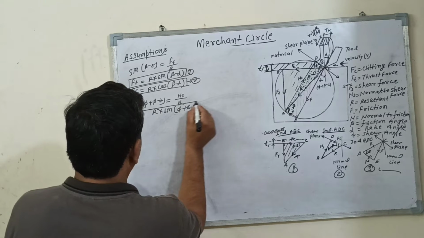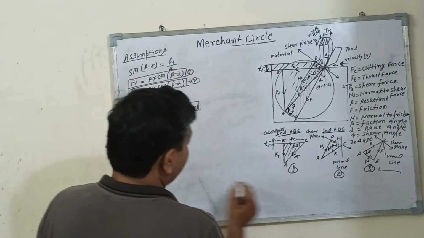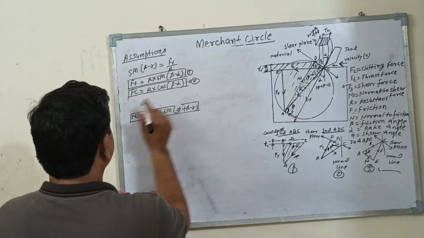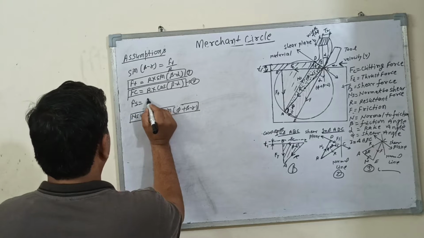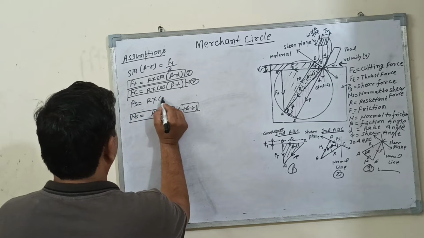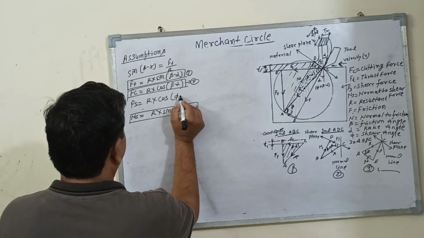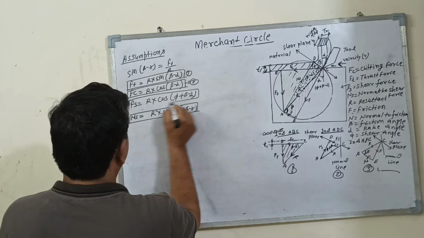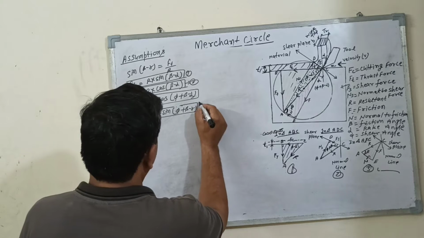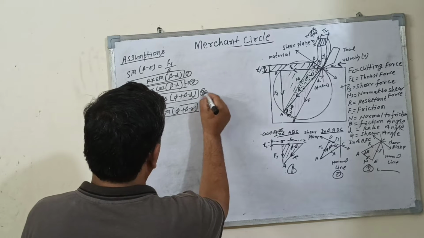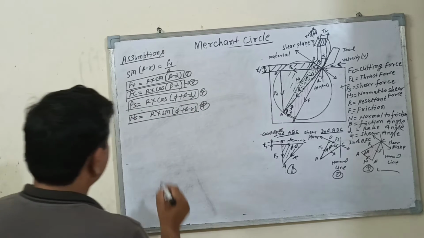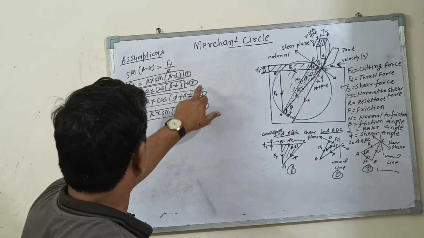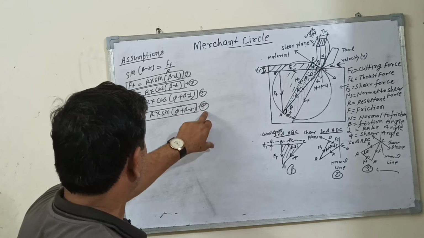This is Ns. Same thing for Fs. So Fs is equal to R cos(phi plus B minus alpha). This is Fs. These are equation number 1, equation number 2, equation number 3 and equation number 4.